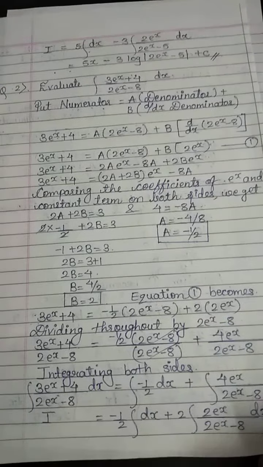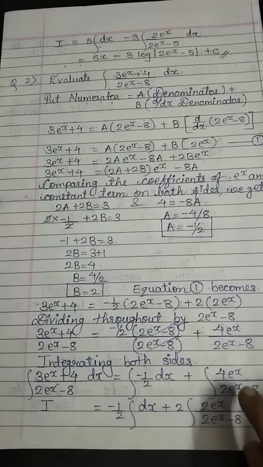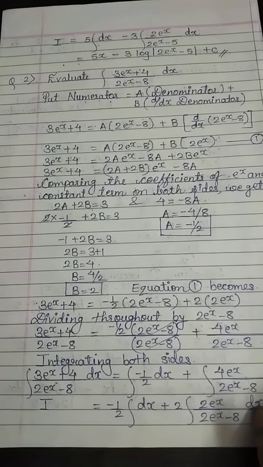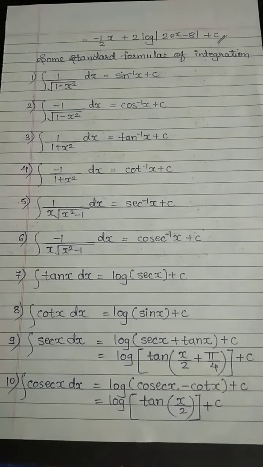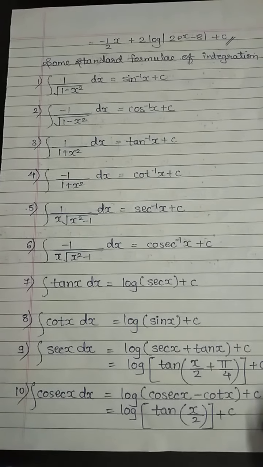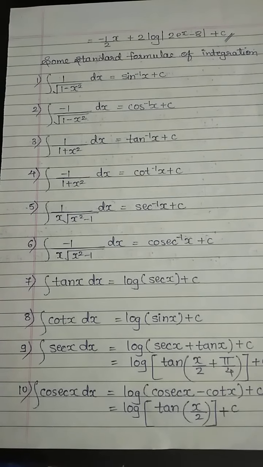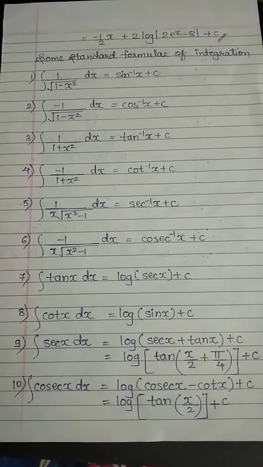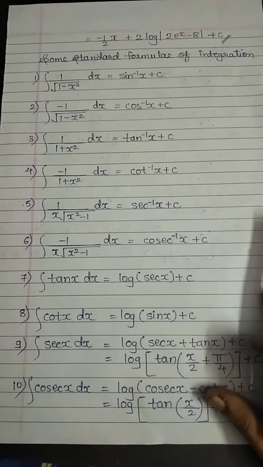Now by using the same integration formula, that corollary, that if the derivative of the denominator is present in the numerator, then easily we can write the answer as log mod denominator. So here the answer is -1/2 x plus 2 into log mod (2e^x - 8) plus c.